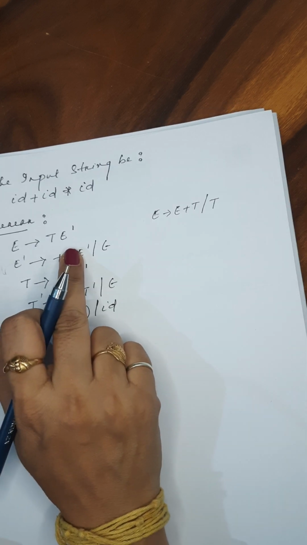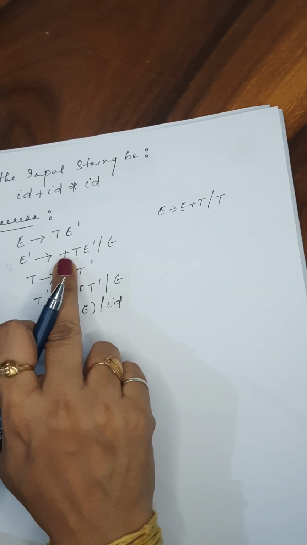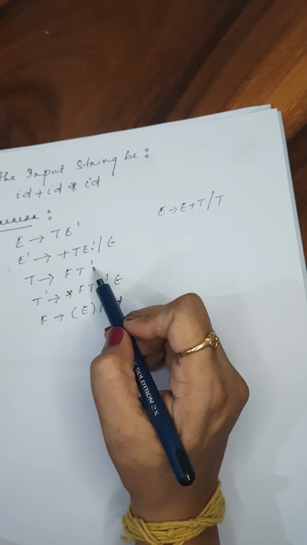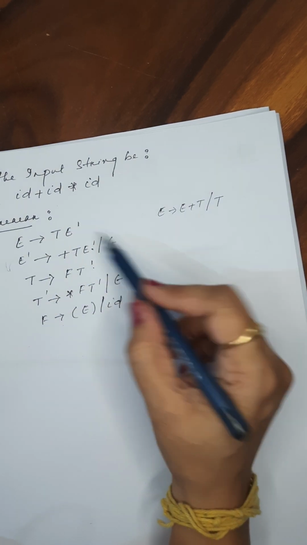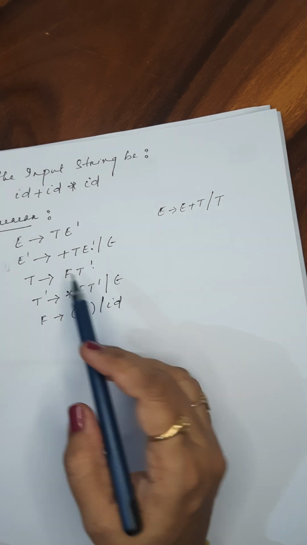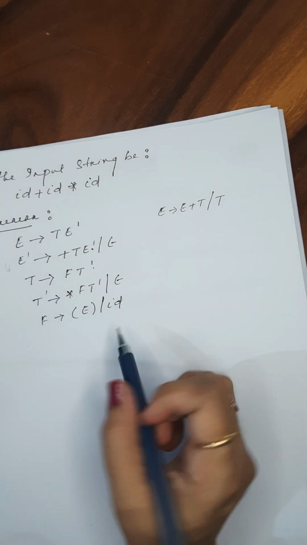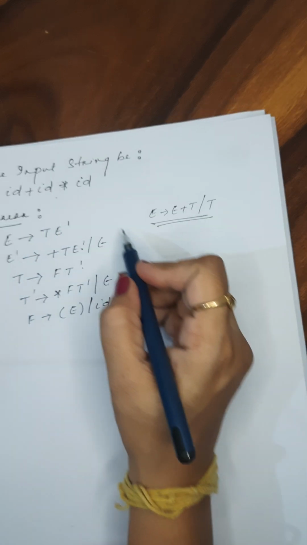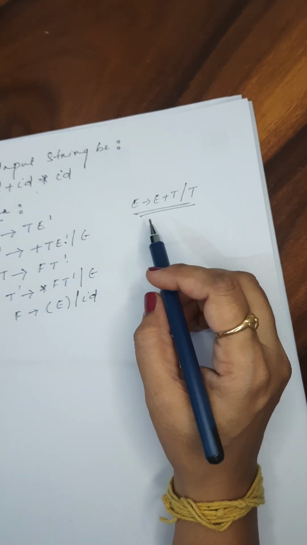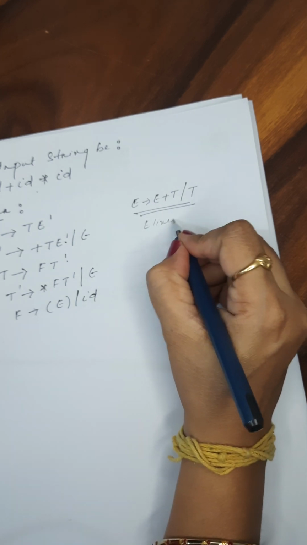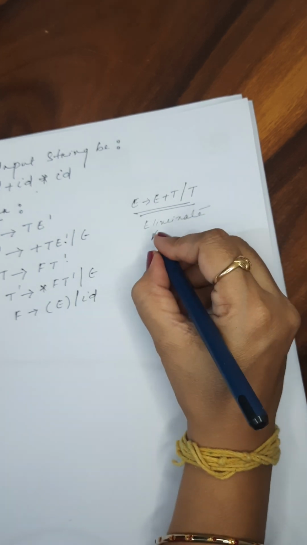What I told you is, when you take a predictive parser, the grammar has to be free from left recursion as well as backtracking. This is the grammar which is free from left recursion and backtracking. Now, if a grammar is given and a string is given to construct a predictive parser, then the very first step you have to do is to eliminate left recursion.